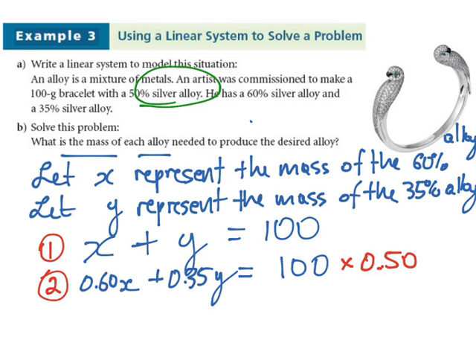So now we're going to take those two equations and solve for the amounts of 60% alloy and 35% alloy.